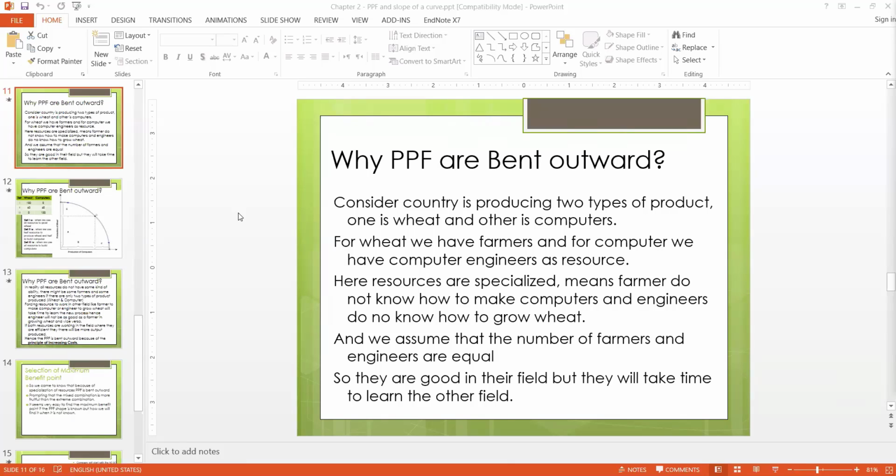We have discussed the concept of production possibility frontier.